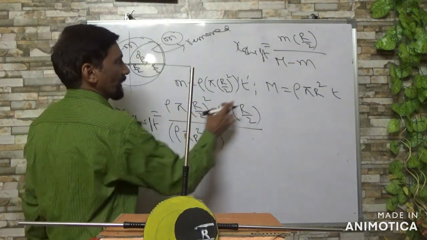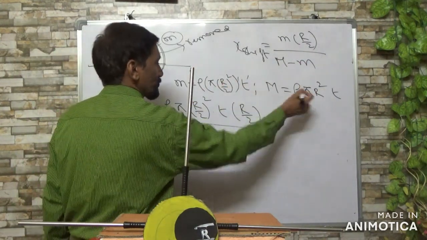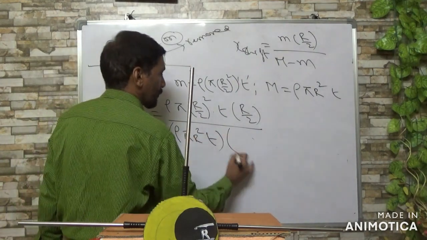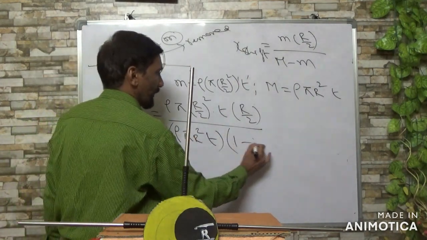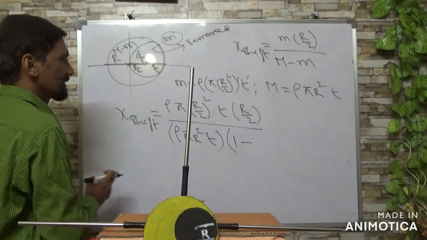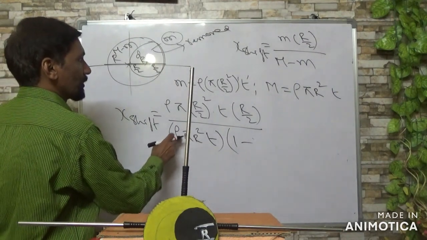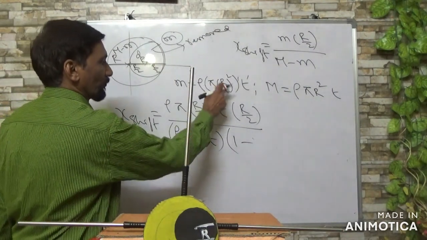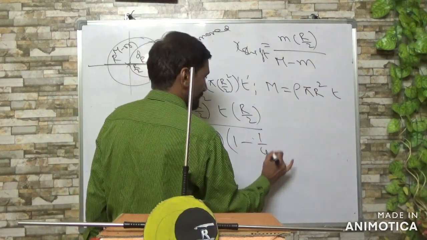So in these two terms rho pi r square is common, so you can take it common, then 1 minus the remaining mass. Here you have taken rho pi r square t common, only 1/4 is left, right?